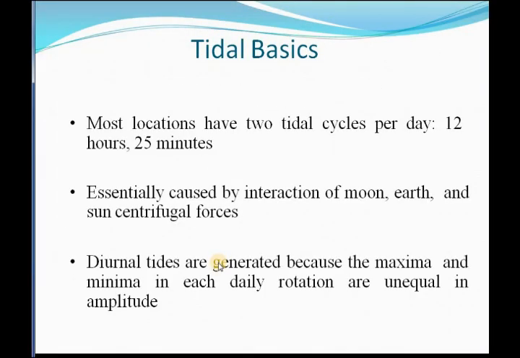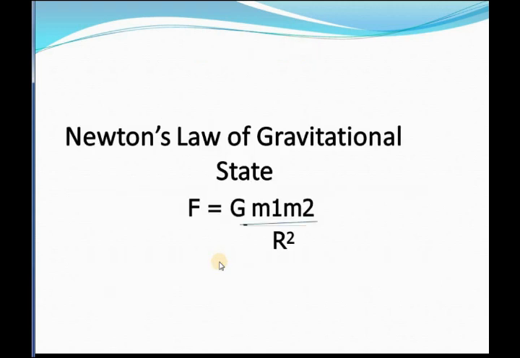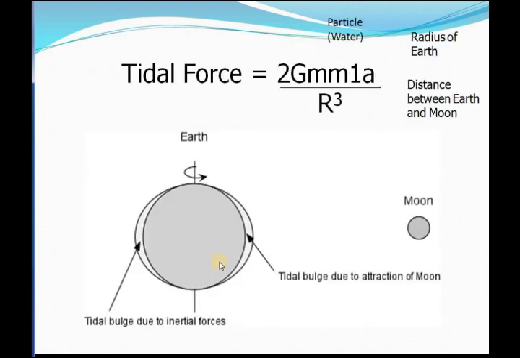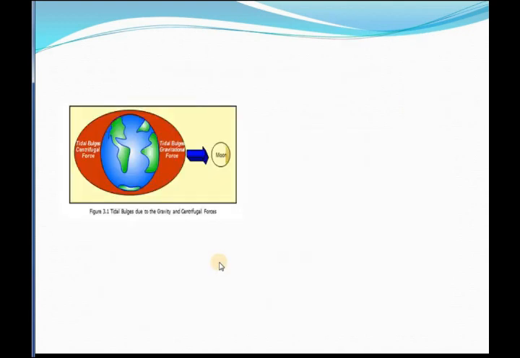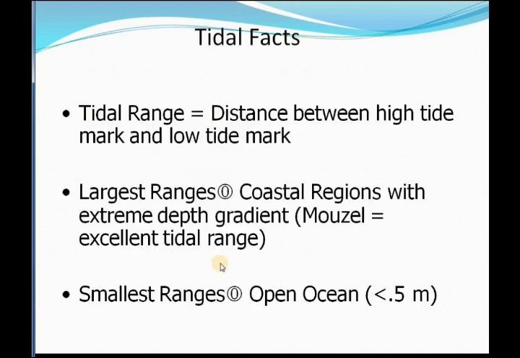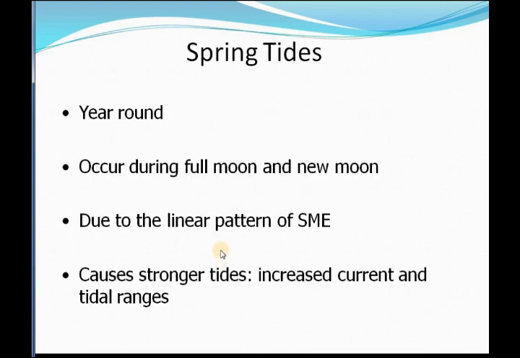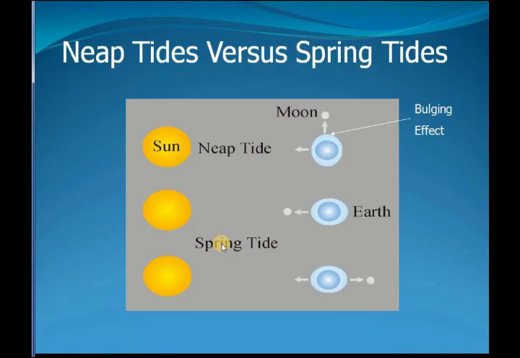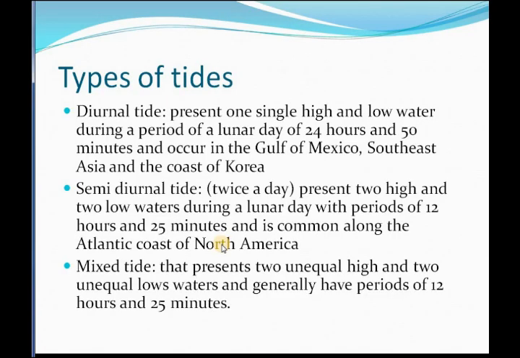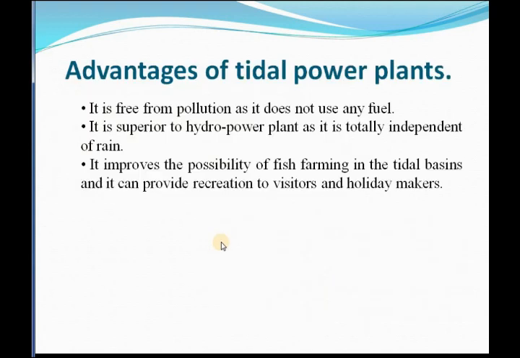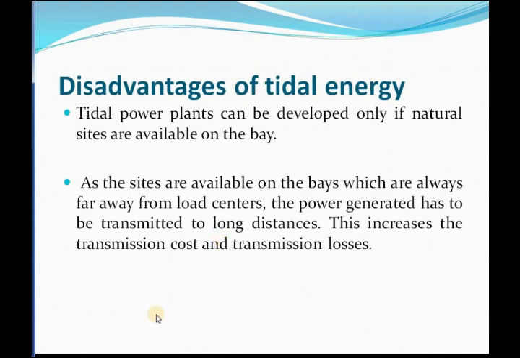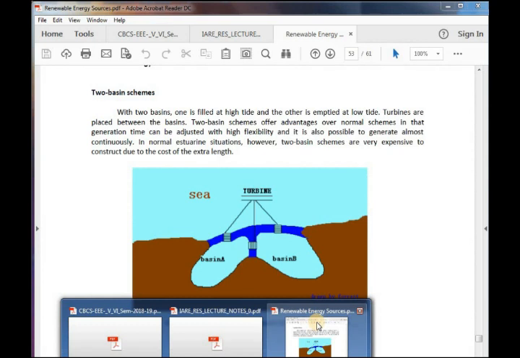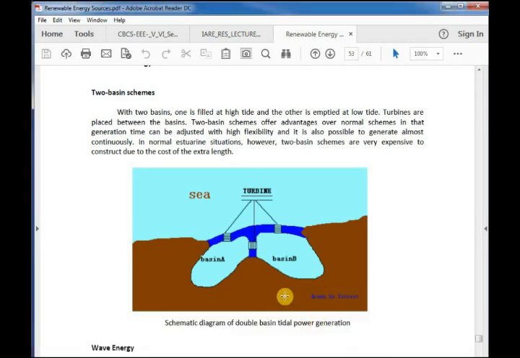We have seen the basic principle of tidal energy, how tides work, the formulas for tidal force and gravitational pull, how the moon and the sun behave, what causes tides, when the high tides and low tides occur and what they are called, the different types of tides, the principle of a tidal plant, the different tidal generations, and the advantages and disadvantages.